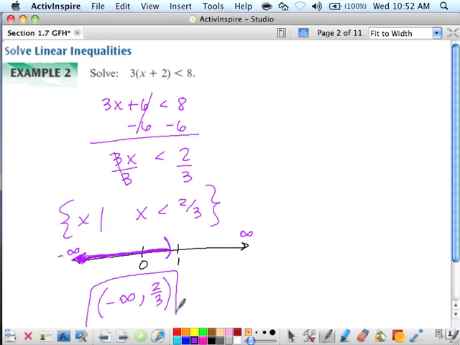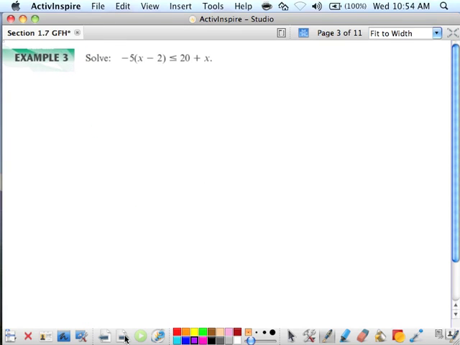Okay, let's take a look at another. So next we have -5 times (x minus 2) is less than or equal to 20 plus x. The first thing we'll do is distribute the -5. That gives us -5x plus 10 is less than or equal to 20 plus x. Now I need to get all of my variables to one side and all of my constants to the other.